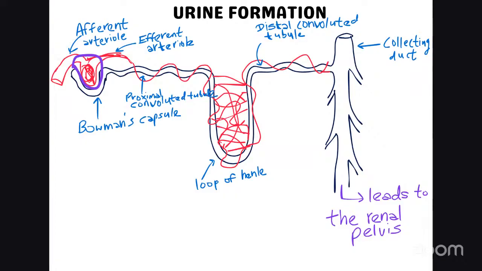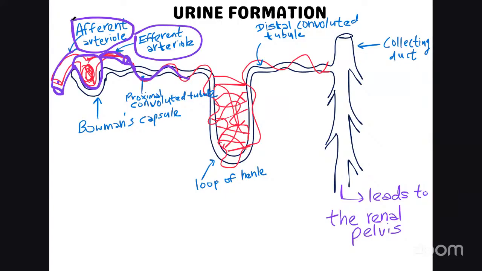Now look at this. We have something called the afferent arteriole and we have the efferent arteriole. Now you should know the afferent arteriole is going to have a larger diameter compared to the efferent arteriole. The efferent arteriole has a small diameter, and it's going to be joining all these blood capillaries.